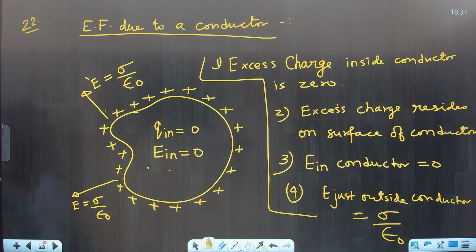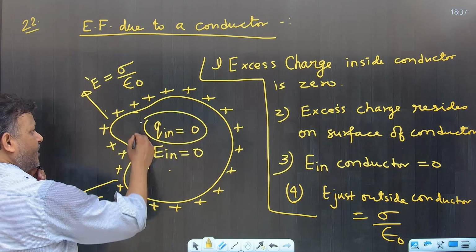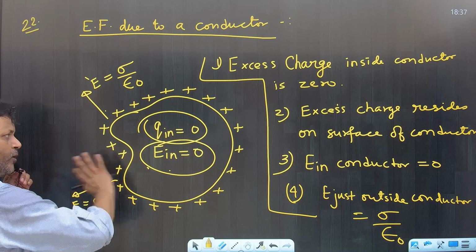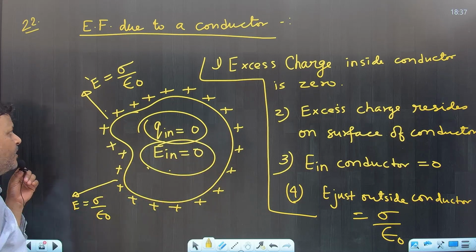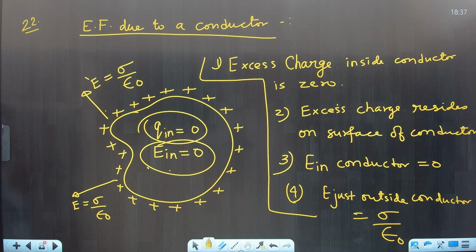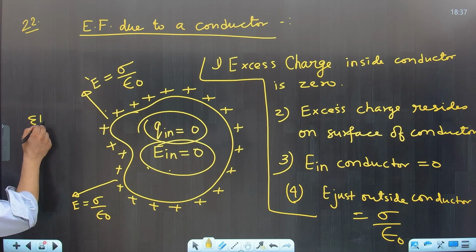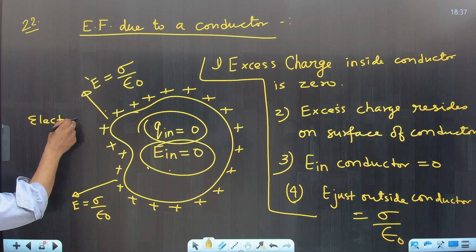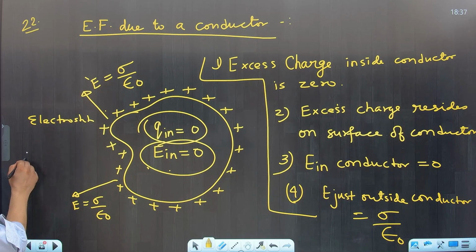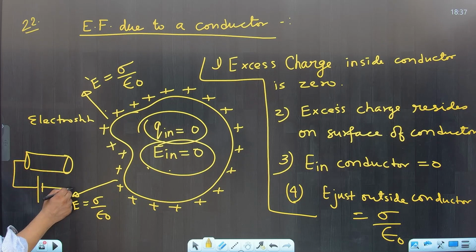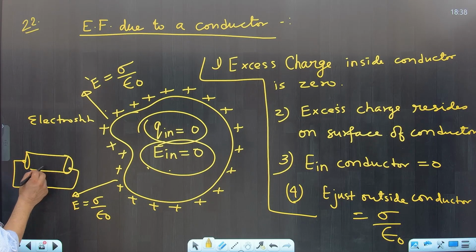First, excess charge inside the conductor is 0. Electric field inside the conductor is 0. No electric field line can penetrate the conductor. And the electric field just outside the conductor is sigma by epsilon. But this is true only in electrostatics, not in current electricity. In current electricity, there is a conductor, you just apply a battery, maintain a potential difference across its terminals, and there is an electric field inside the conductor.